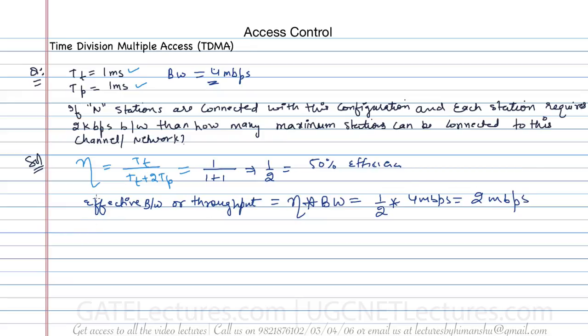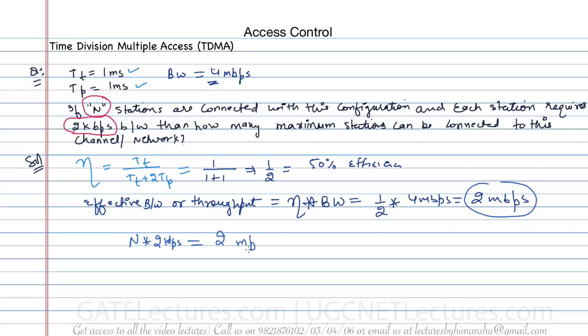Now with this 2 megabits per second, we have a total of n stations which need to be connected, and they have given that every station requires 2 kbps bandwidth. Then how many stations can we connect? If we have to connect n stations and every station requires 2 kbps bandwidth, then in total they require 2n kbps bandwidth, and this 2n kbps should be equal to this 2 megabits per second, because it is the effective bandwidth.